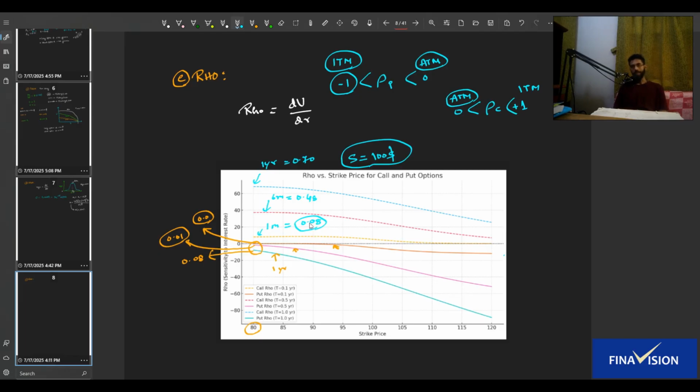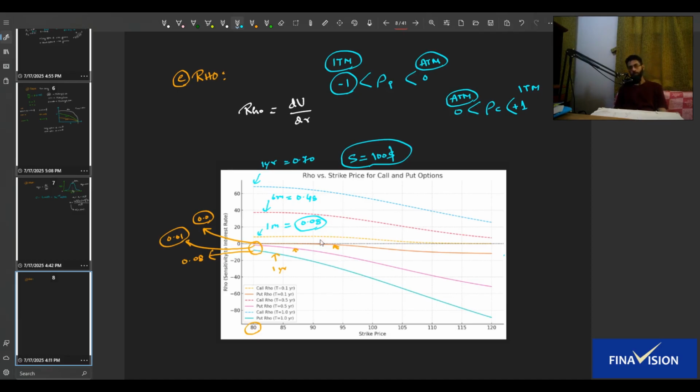So you can see, even if all of them are deep in the money, the time to expiry has a dominating effect here. Because the time to expiry is very minimal for this 1 month option, the value is closer to 0. The 6 months and 1 year options have much higher values. But those which are coming very close to the time of expiry, their values are reducing drastically.